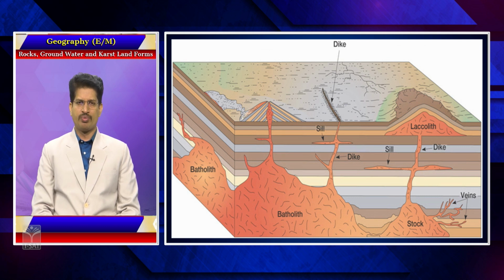The magma in the Earth's interior, because of high temperature and pressure, is in a molten state and tries to escape out to the outer layers through the fractures and faults available in the layers of the Earth's interior.